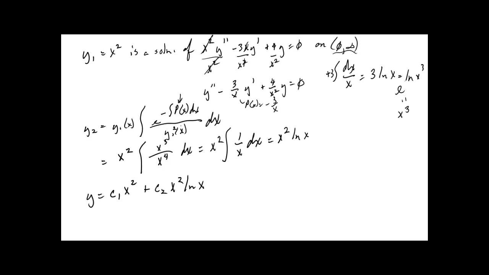What I pointed out before any of you came in, these are linearly independent solutions, and any linear combination of those forms our general solution. So this is the general solution for that differential equation, given that that was the first solution. All right. Any questions on that? y is equal to C1 x squared plus C2 x squared log x.